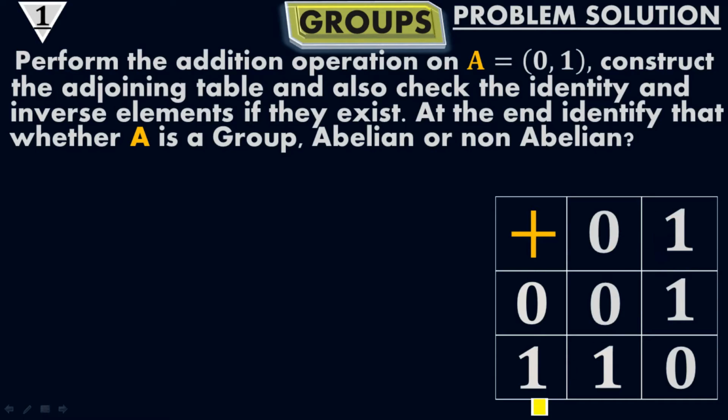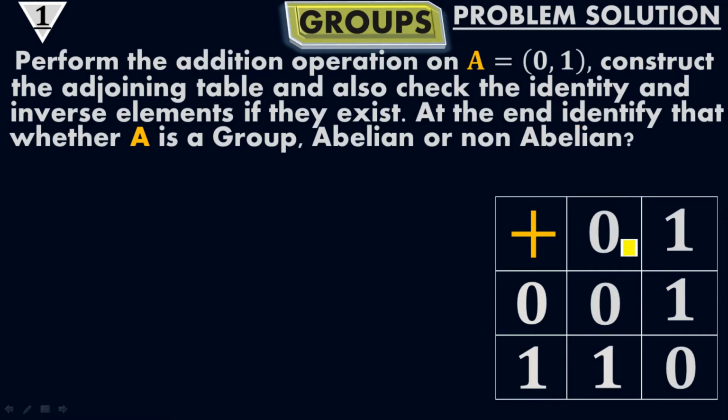For example, 1 plus 1 equals to 2. So we have 2, which equals the total number of the elements, because we have two elements in set A. So we need to subtract the total number of elements from the number which comes out after adding 1 to 1. 1 plus 1 equals to 2.